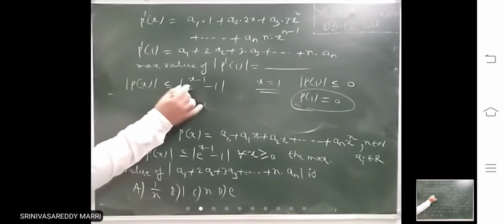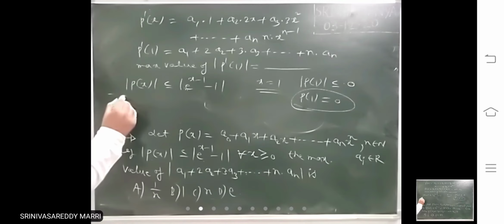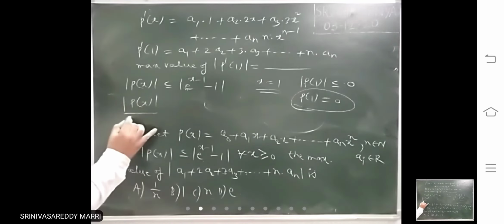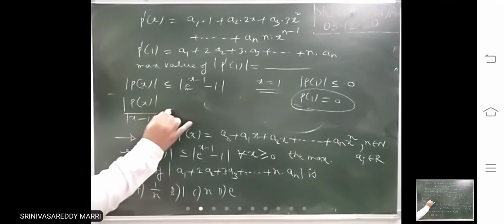Now I am dividing both sides by modulus x minus 1.